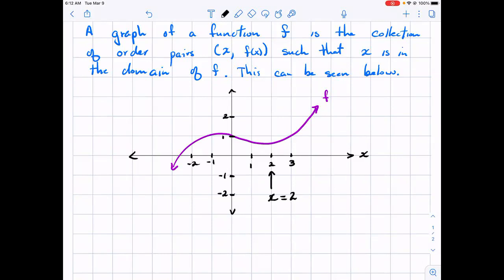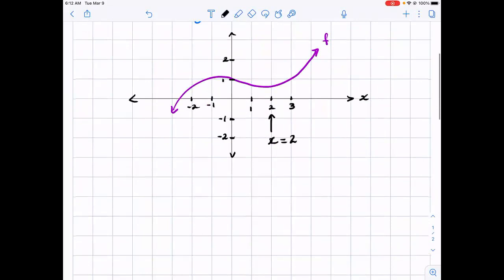Now, if we plug that into the function, then when x is 2, f of x is equal to f at 2. So you'll take the 2, plug it into the function, and this will be f of 2, which is the y value.